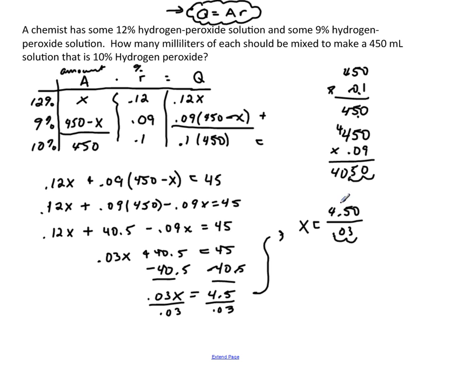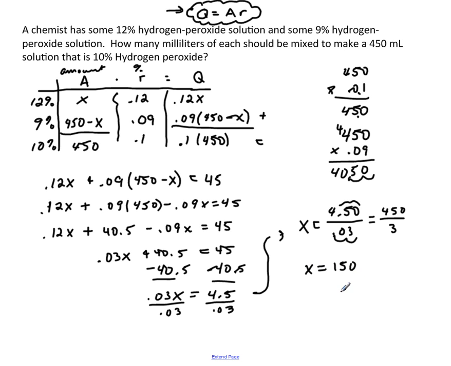So we move it twice on the bottom, twice on the top. So this is really like saying 450 divided by 3. Okay. 3 goes into 450. Well, 3 goes into 45 15 times. So we're going to say x is actually equal to 150.